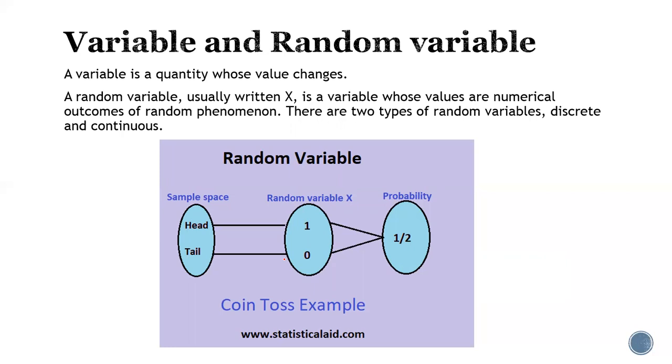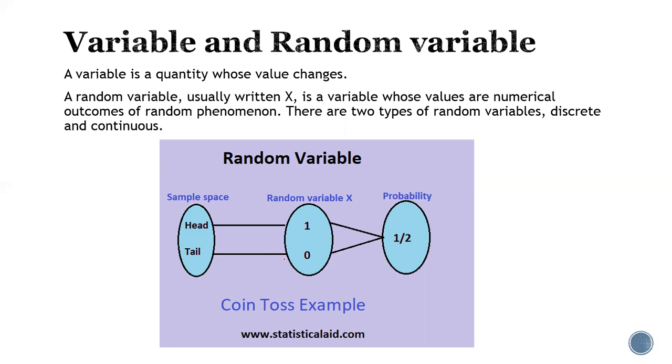And it's a variable whose values are numerical outcomes of random phenomena. Yeah, that's a random variable. So different, a variable and a random variable. So random variable you got from some variables. There are two types of random variables: discrete variables and continuous variables.